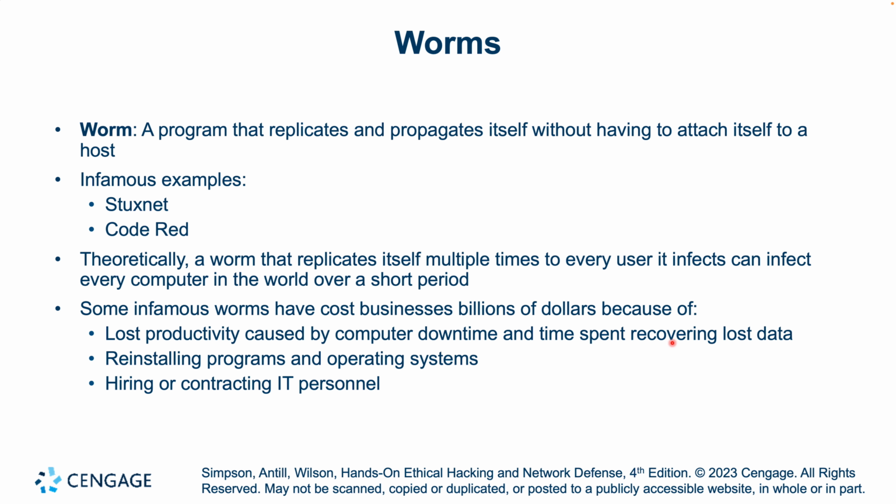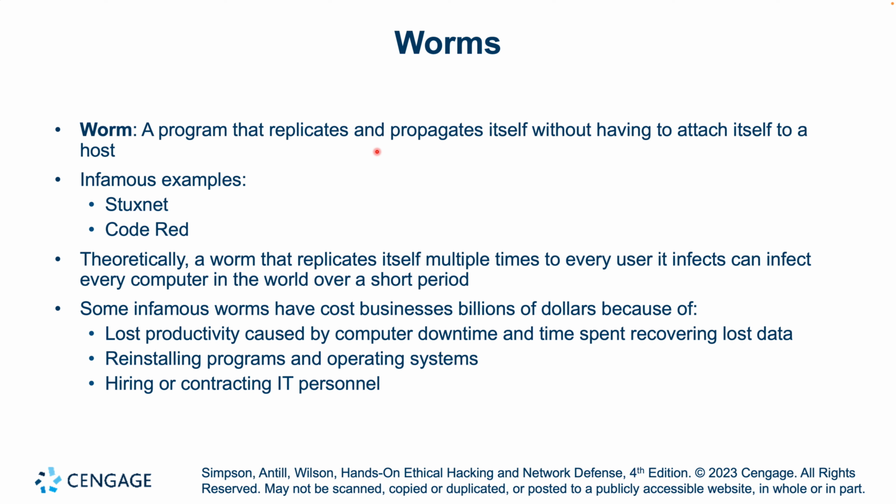Now, let's talk about worms. A computer worm is a type of malicious software, malware, that is designed to self-replicate and spread across computer networks without requiring any user intervention. Unlike viruses, worms do not need to attach themselves to existing files or programs to propagate.